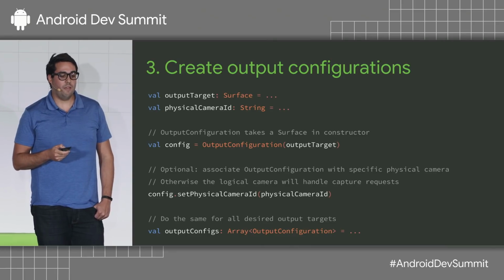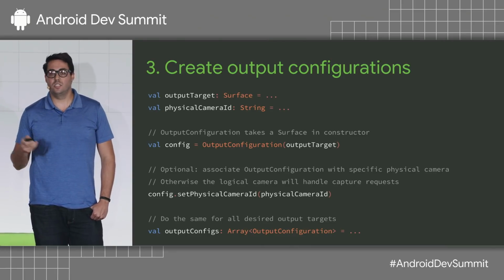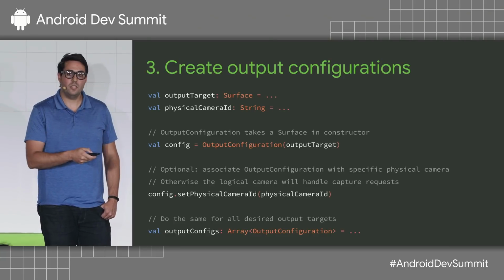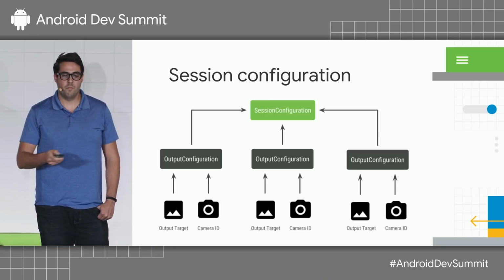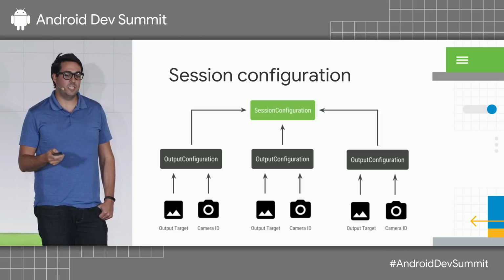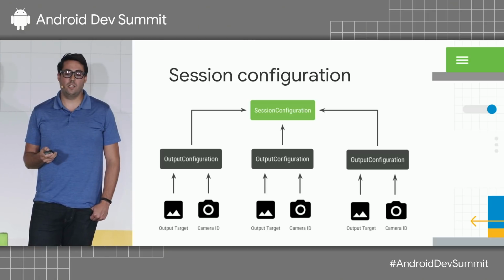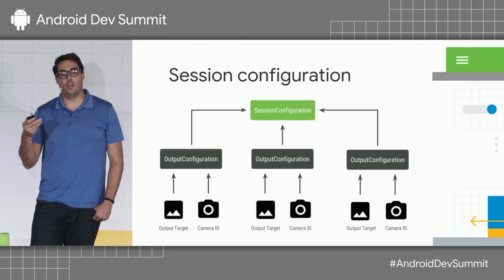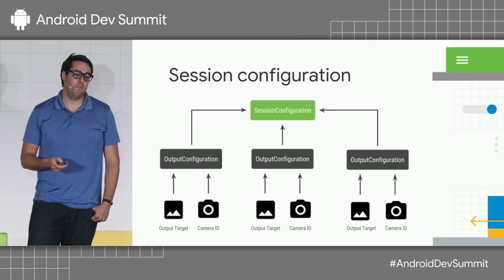So at the end of the day, we have a list of output configurations, some of which may be associated with physical cameras, some of which logical camera. The goal is to put all the configurations into a single session configuration. As we just explained, each output configuration has an associated output target and optionally a physical camera ID.